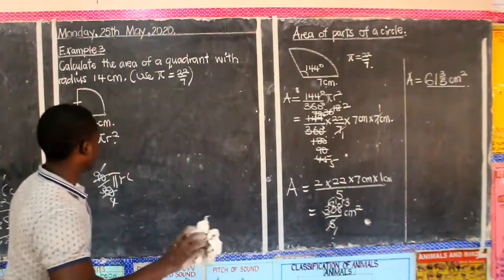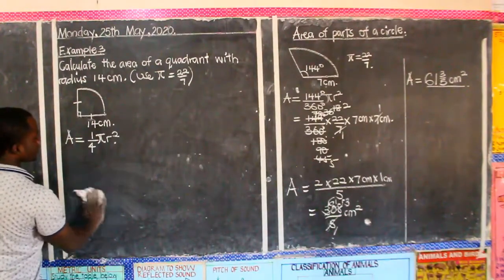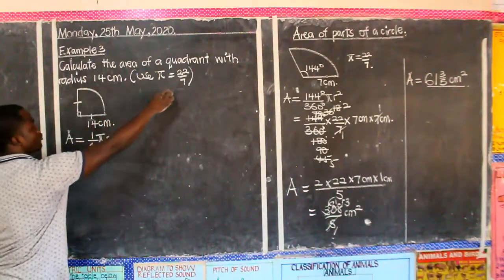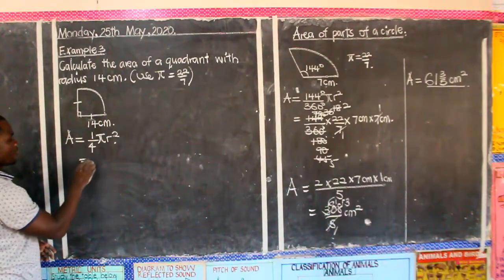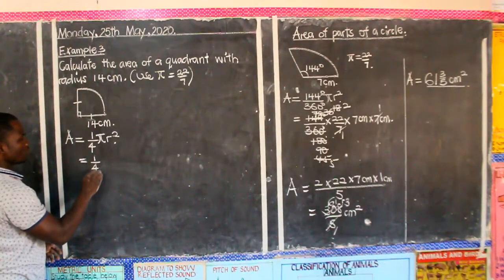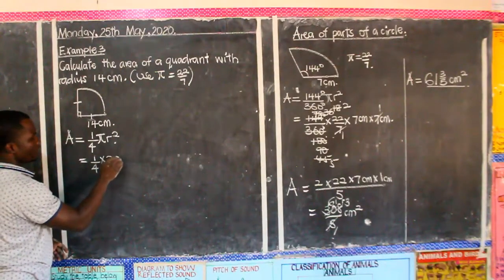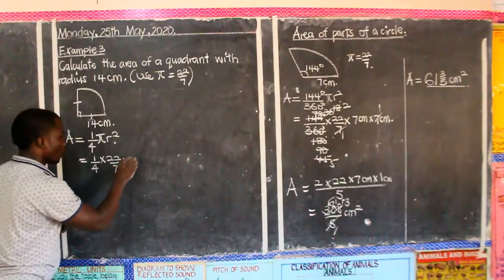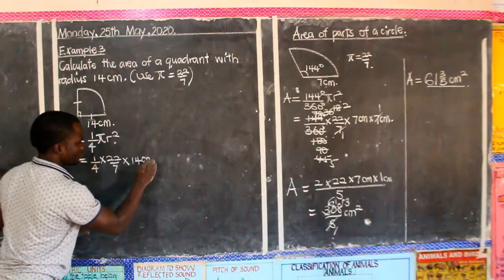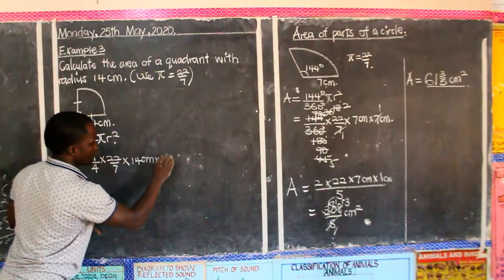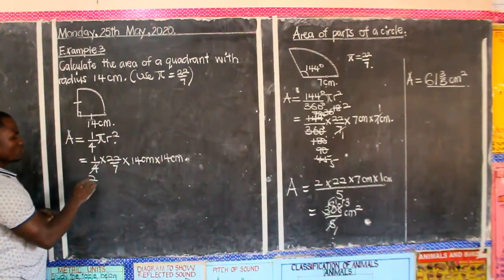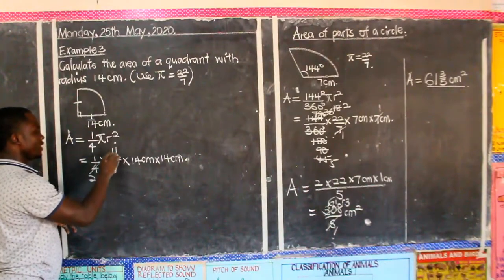Now, let's continue. Let's substitute. Our pi is 22 out of 7, so area equals 1 out of 4 times the pi of 22 out of 7 times the radius of 14 centimeters times 14 centimeters. By 4, 11.